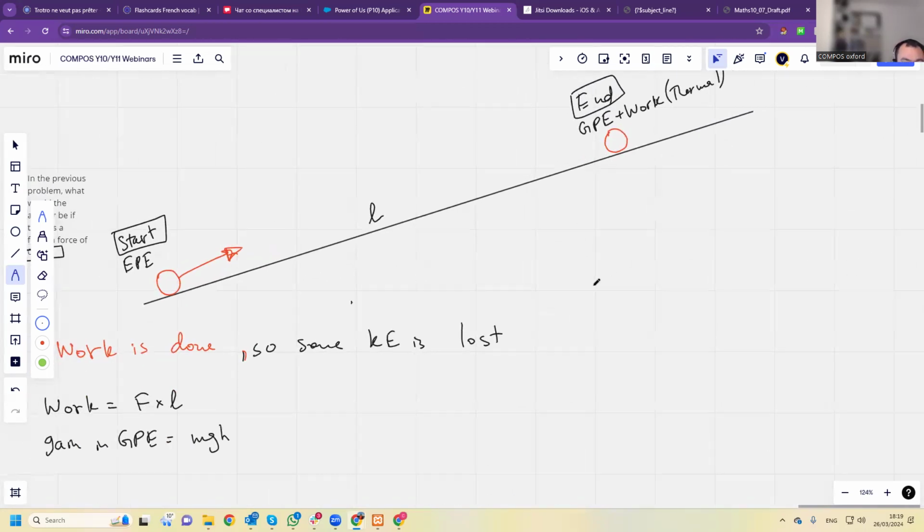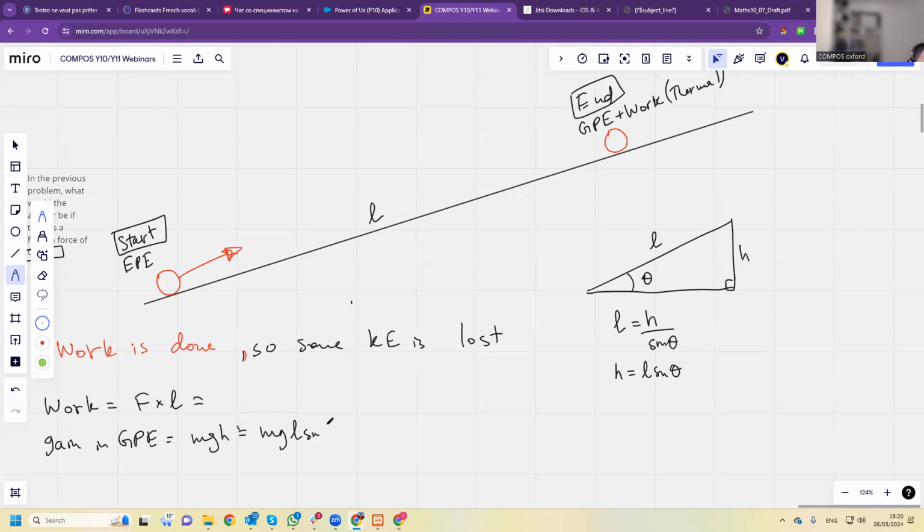But we know that this is h, and this is L, and this is theta. So L is h over sine theta, so we can plug that in. It doesn't really matter which one we use. I propose we use h as L sine theta. So we can use this as mgL sine theta, and L is the unknown value we're looking for.